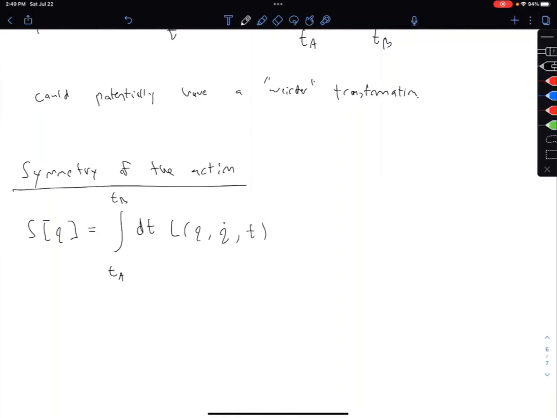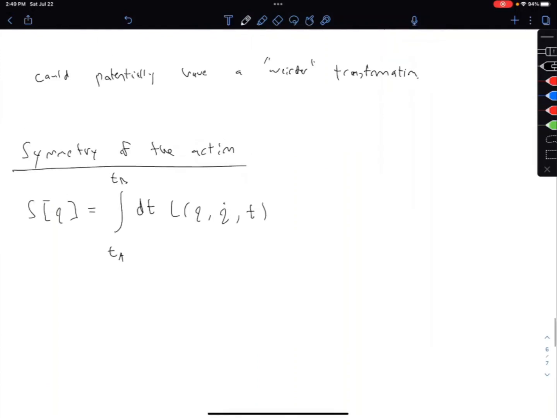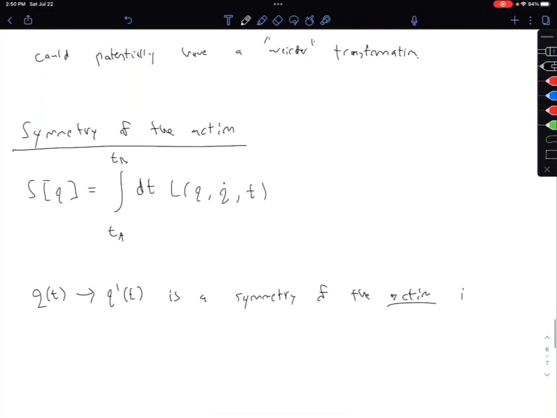So I will say that the transformation q of t goes to q prime of t is a symmetry of the action, not the equations of motion, but the action, if S of q is S of q prime for any trajectory q of t, not just solutions to the equations of motion.